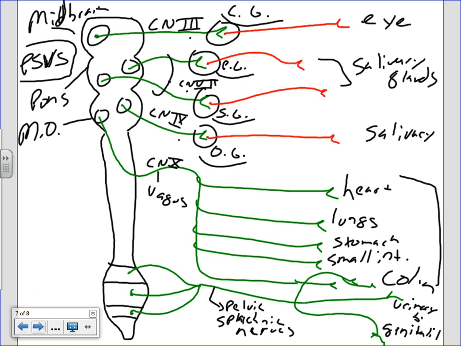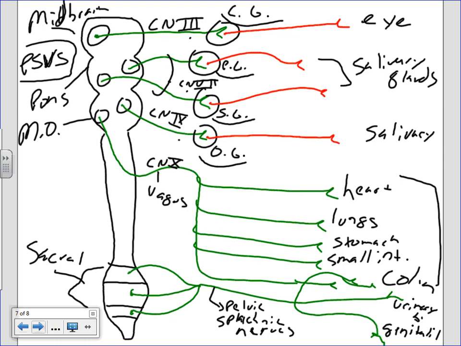Now the pelvic splanchnic nerves originate from the sacral regions of the sacral vertebrae, the sacral aspect of the spinal cord. These are what innervate the descending colon, the sigmoid colon, the urinary bladder, and the genitalia.